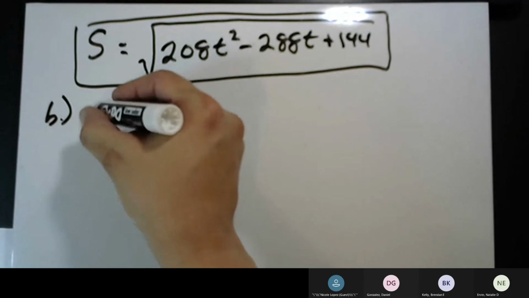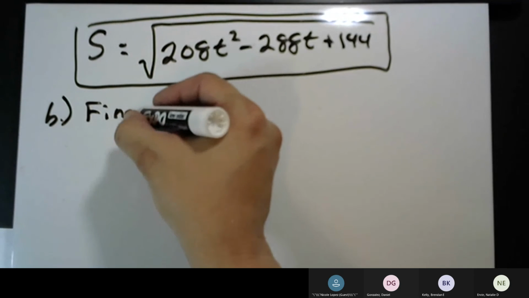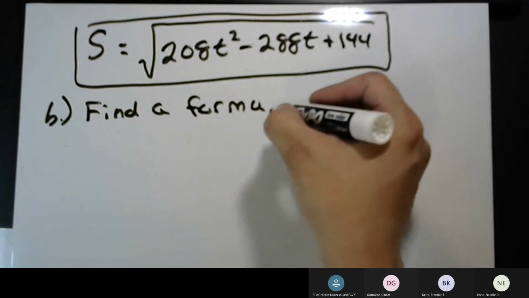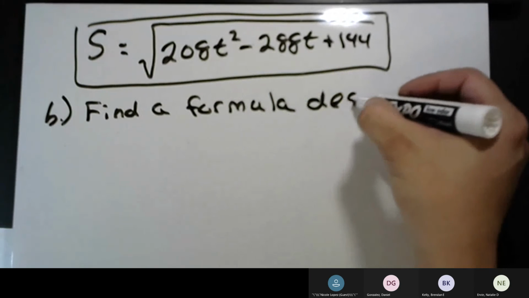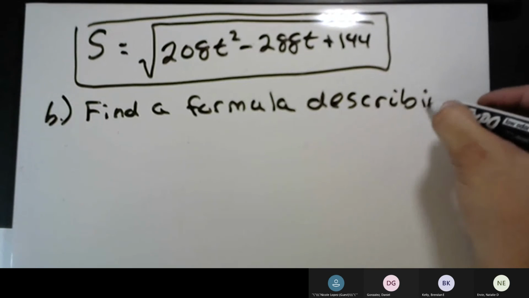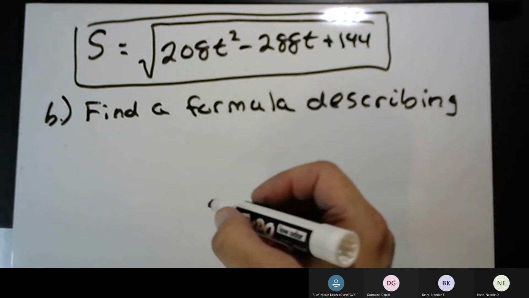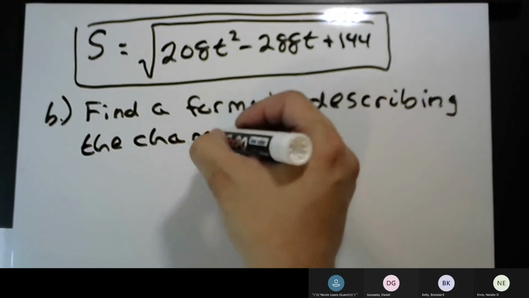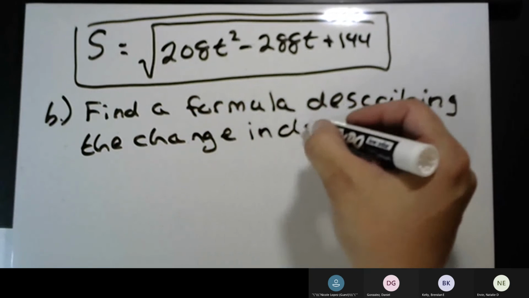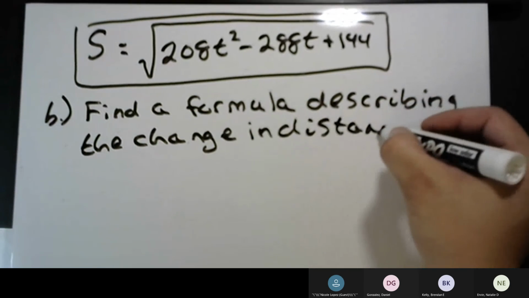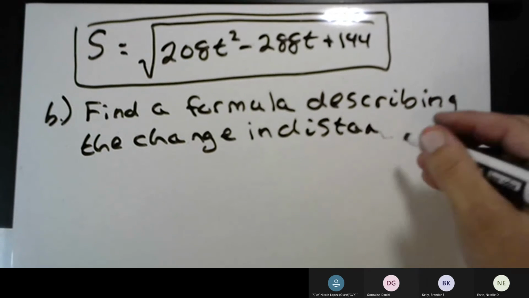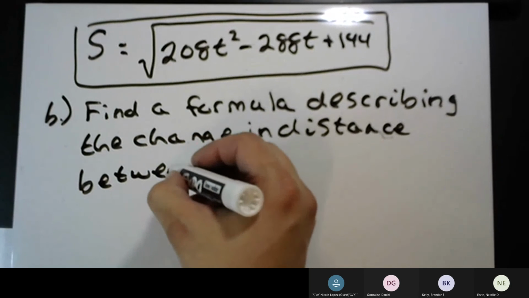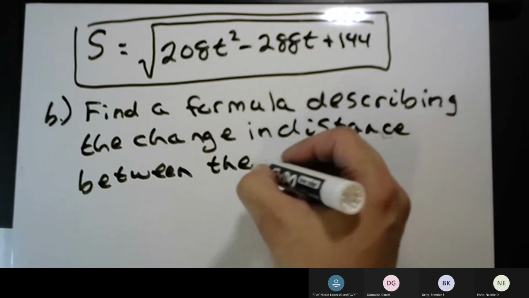And so what we'll do is find a formula describing the change in distance between these ships.